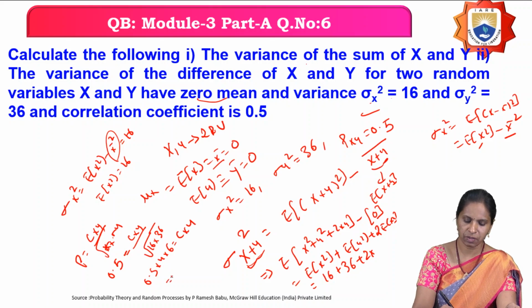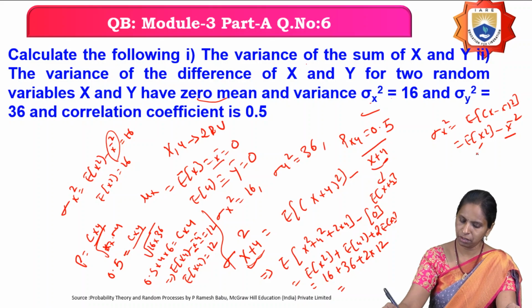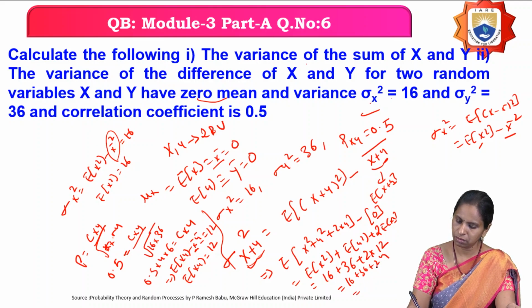So what is Cxy from this? Nothing but E of xy minus x bar into y bar, which is nothing but 12. Since x bar and y bar are 0, then what is E of xy? 12. Therefore 2 into 12. Then you are going to get here 16 plus 36 plus 24, which is nothing but 76.